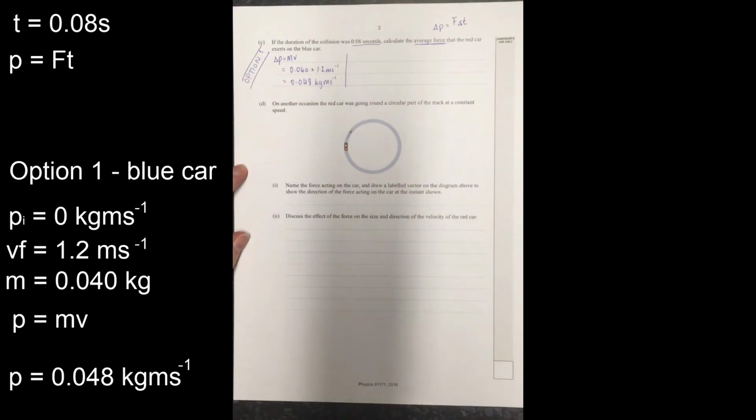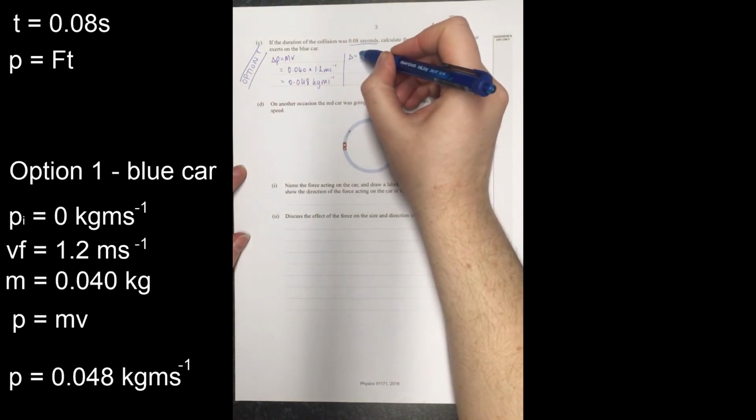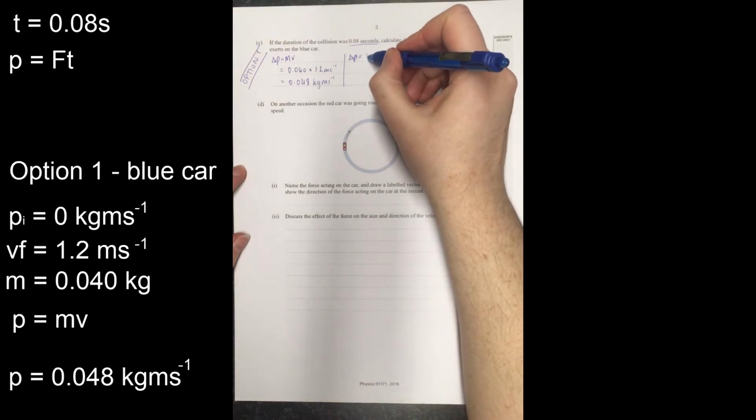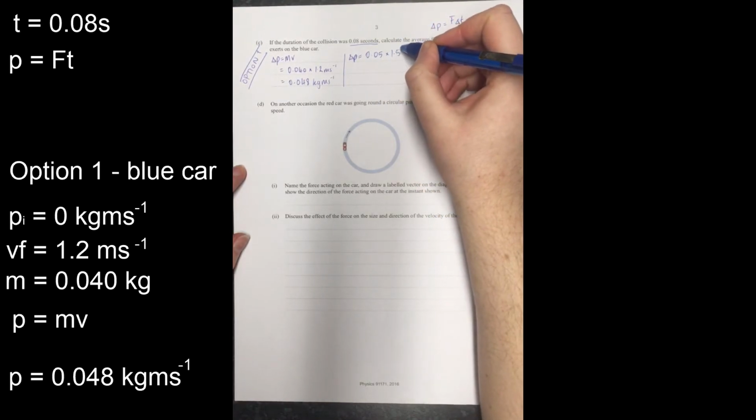Okay, option 2. This time we can look at the red car. The red car does have an initial velocity, so it does have an initial momentum. So what we can do is work out that change in momentum. Again, mass times velocity. So our initial momentum is going to be 0.05 times 1.5 meters a second.